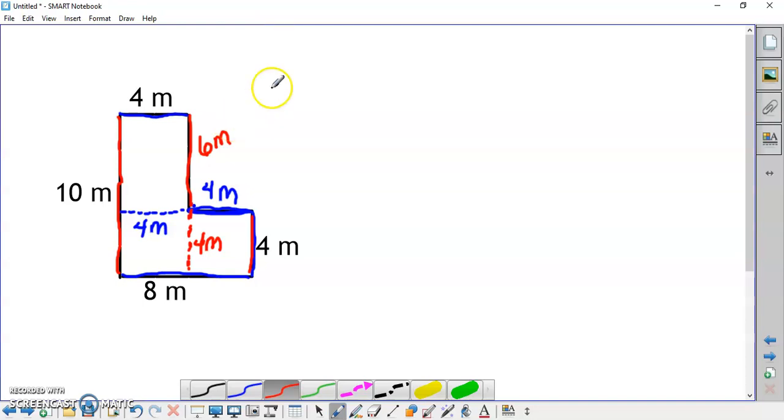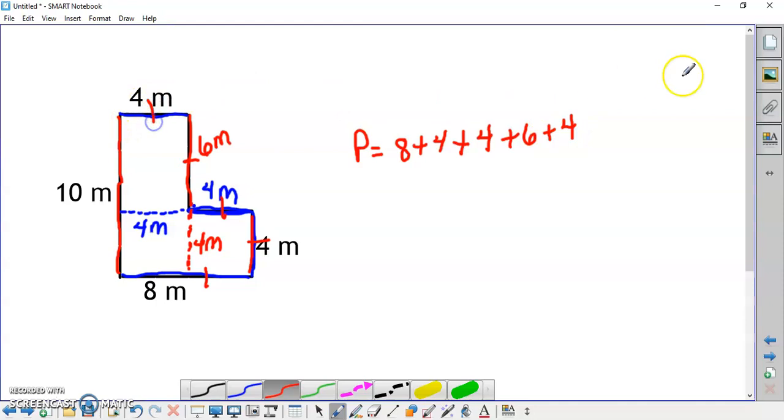Now I can find the perimeter. 8 plus 4 plus 4 plus 6 plus 4 plus 10. 8 plus 4 is 12. 4 plus 6 is 10.